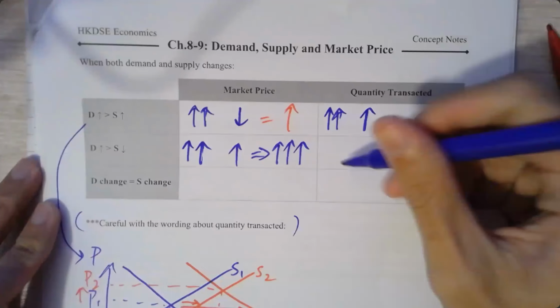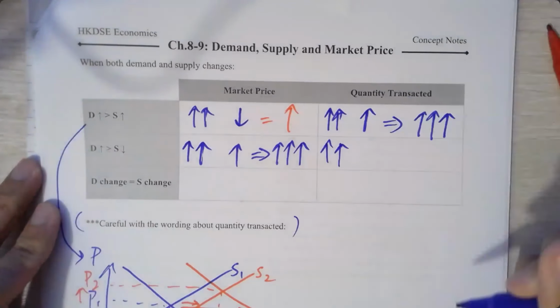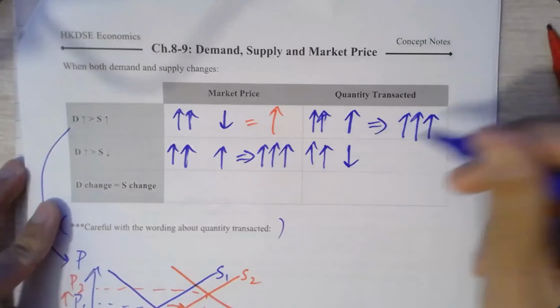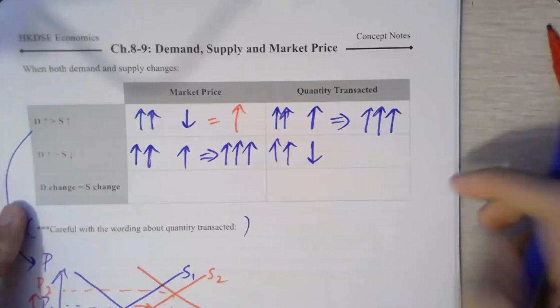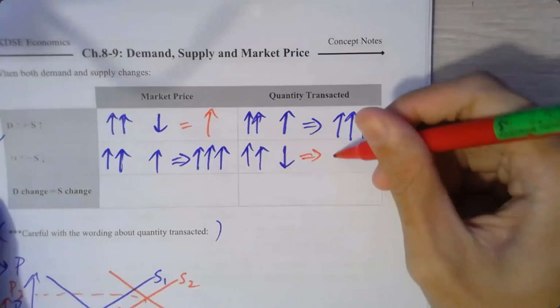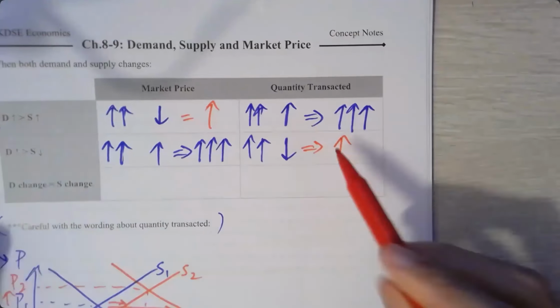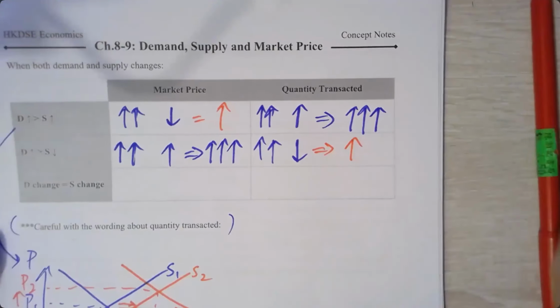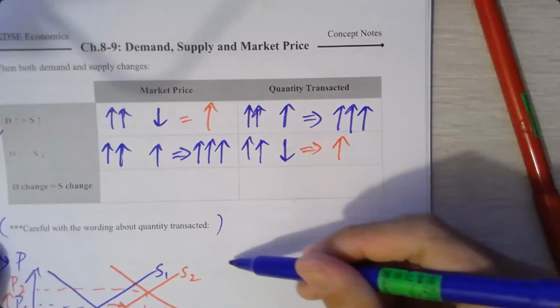Demand increase, quantity increase; supply decrease, quantity decrease. 但係而家嘅 demand 要升得多啲嘛？So what happens is that overall, we see that quantity transacted should also increase. Graphically, it should look something like this.